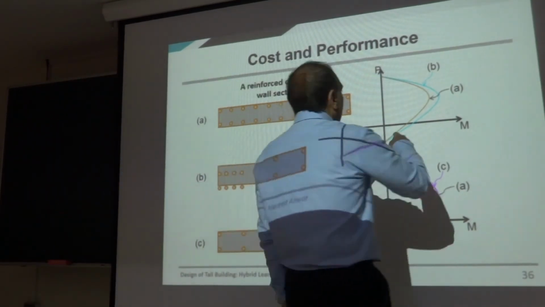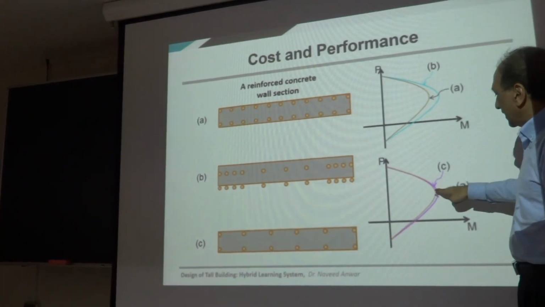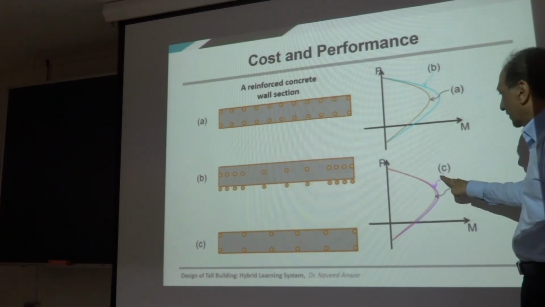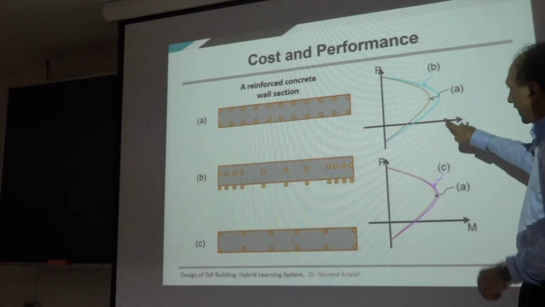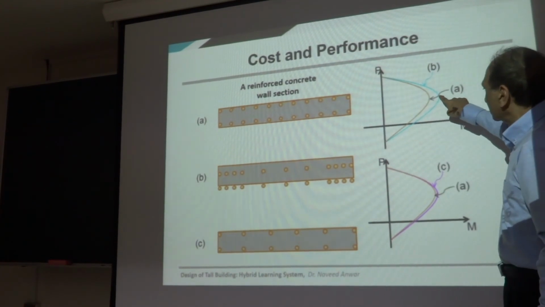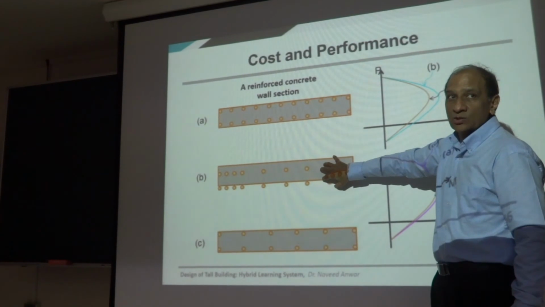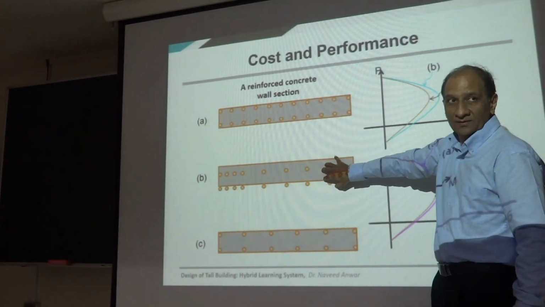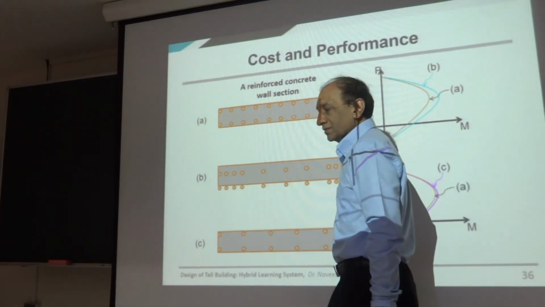For example, A is here, B is here, and C is here. So basically what you can do is increase the performance by simply rearranging the bars to where they are more effective, right? So you get higher performance for the same cost, right?